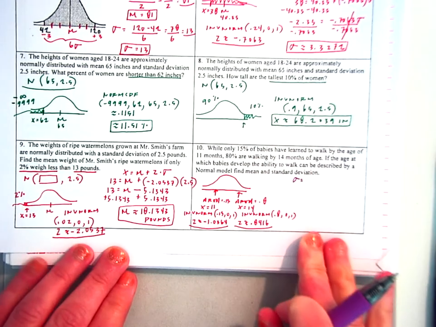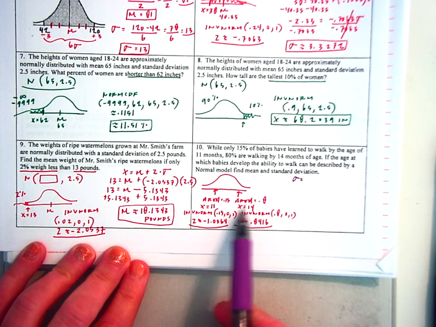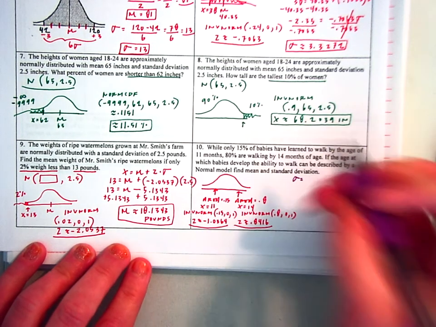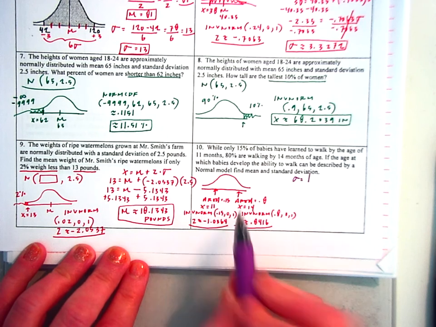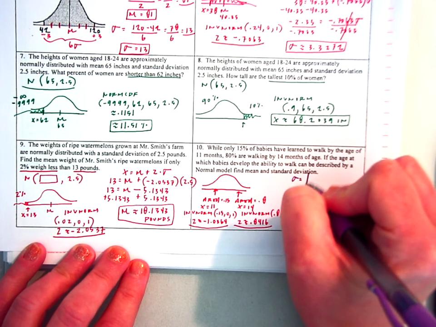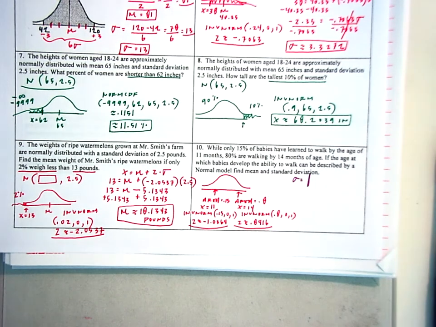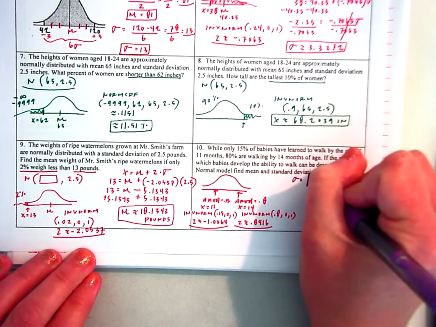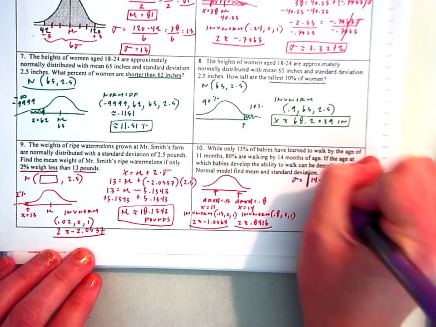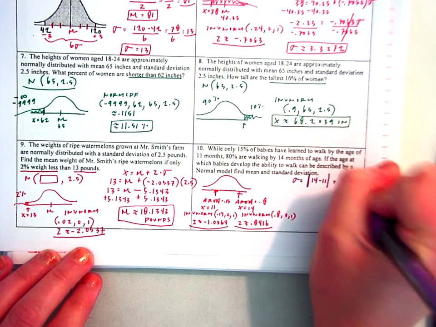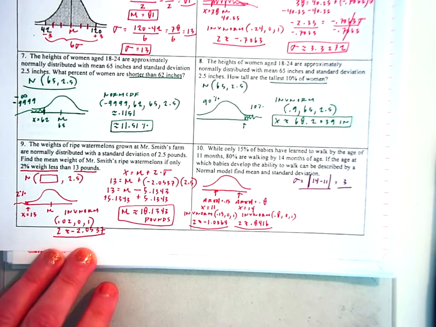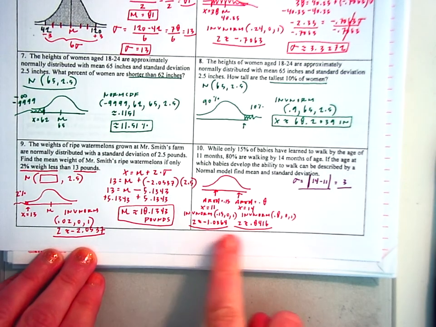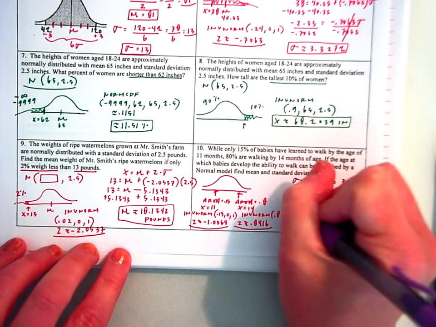Okay, so now I need to get to my standard deviation. So standard deviation, I need to know what's the difference between my observations. Okay, absolute value, I can take it in either order. So if I take 11 minus 14, right, that would give me something negative, which I then have to force positive or go the other way. Doesn't matter. I'm going to say 14 minus 11. I know it's going to end up being 3. They're 3 units apart. Okay, divided by how many standard deviations are they apart? So I'm looking at the difference between their z-scores.